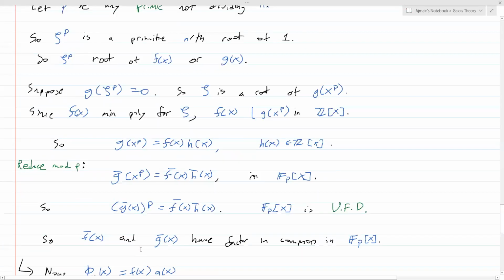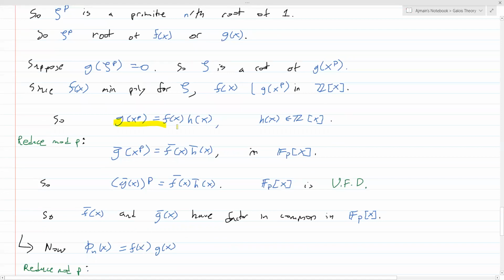Now we're going to reduce mod p. This is a polynomial relation with integer coefficients, and reducing mod p, we get this relation in the polynomial ring over F_p, the finite field of p elements. From Eric's lecture last time, we know that for a polynomial with coefficients in F_p, g of x to the p is the same thing as g of x raised to the p.